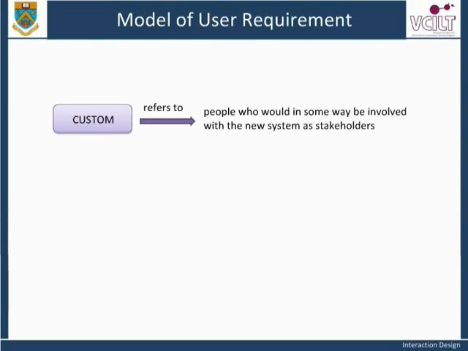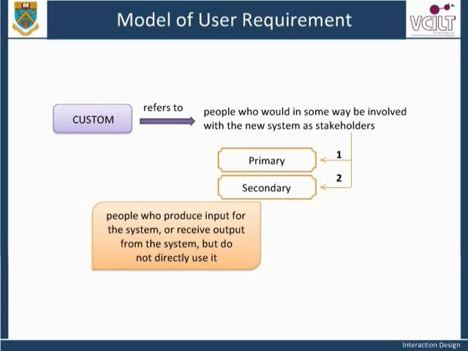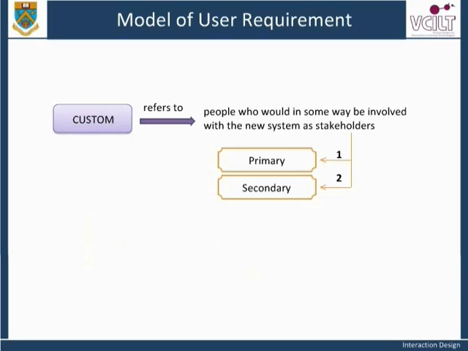CUSTOM refers to the people who would in some way be involved with the new system as stakeholders, who can be classified in 4 ways. Primary, the people who will use the system, for example, the waiters in a restaurant. Secondary, people who produce input for the system or receive output from the system but do not directly use it, for example, the restaurant goers, who are presented with a bill produced by the system at the end of their meal.